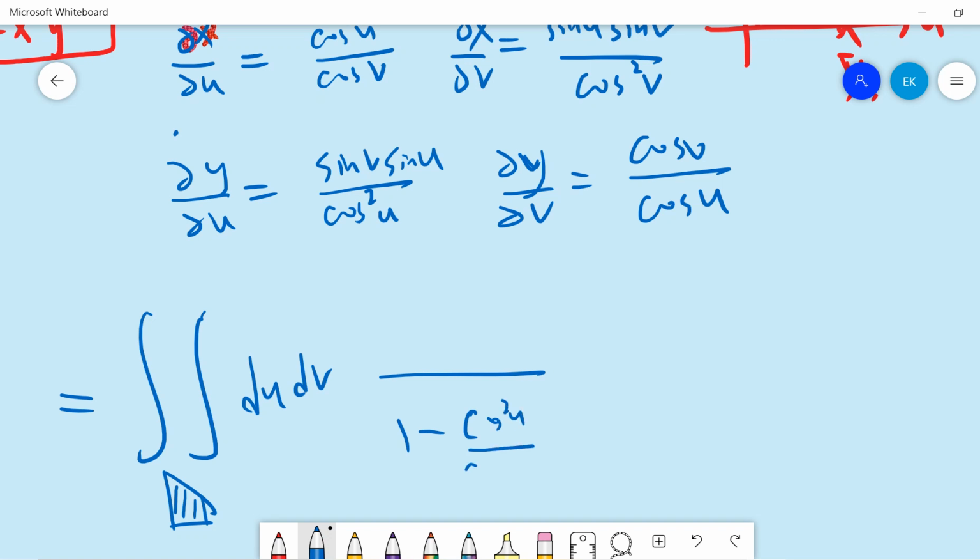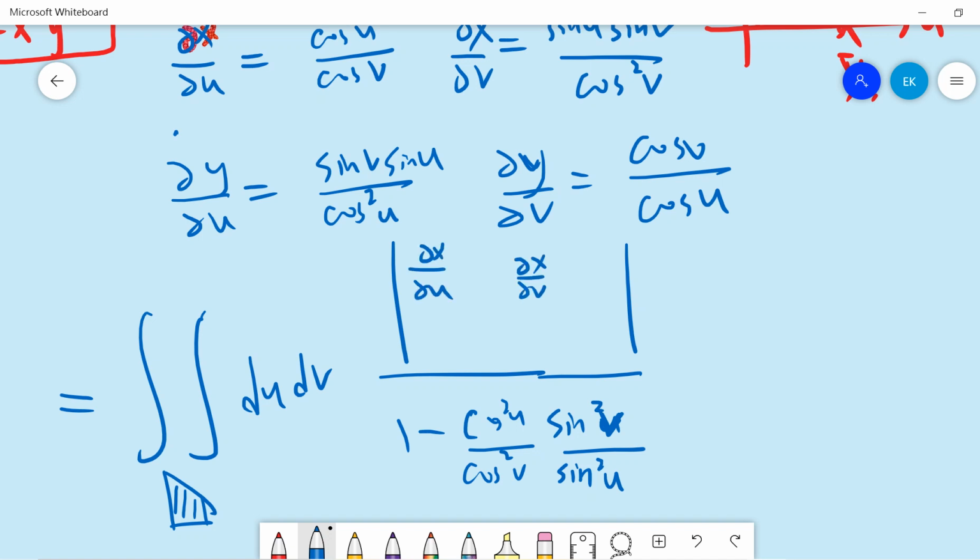So basically, the integral becomes over the triangle, du dv, and 1 over 1 minus x squared y squared, and the Jacobian. So basically, this is the determinant of this object, right?